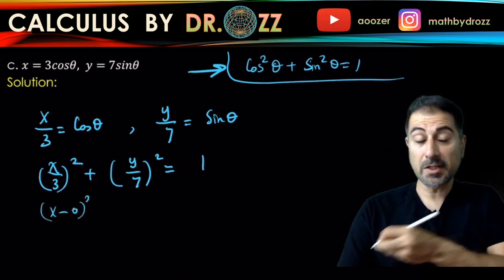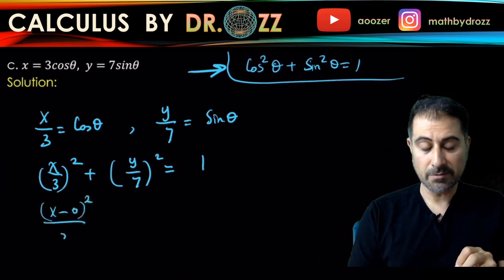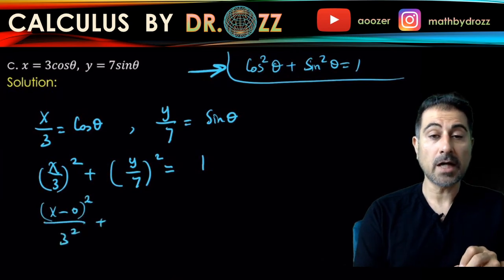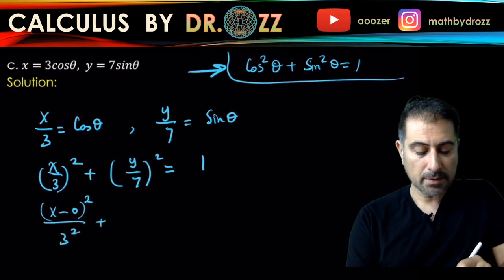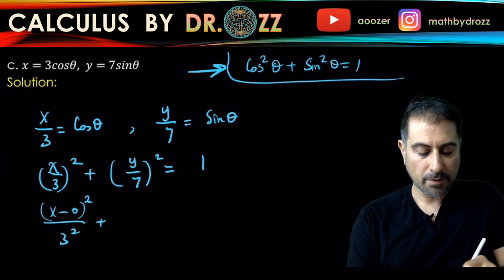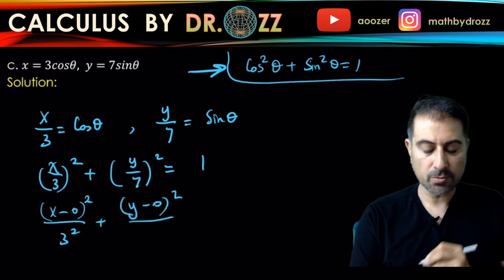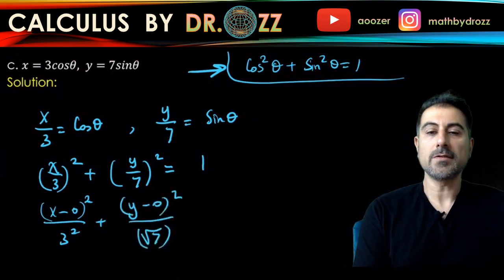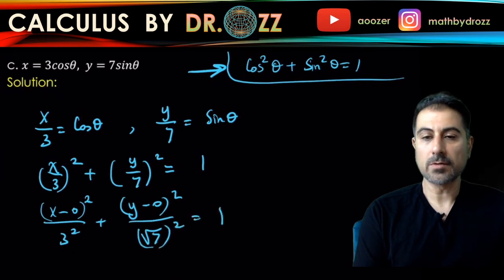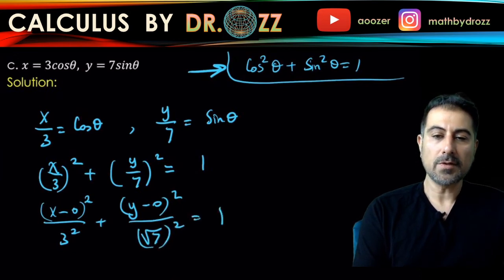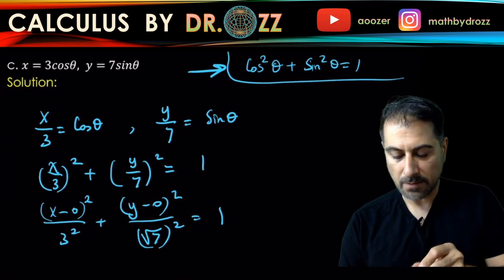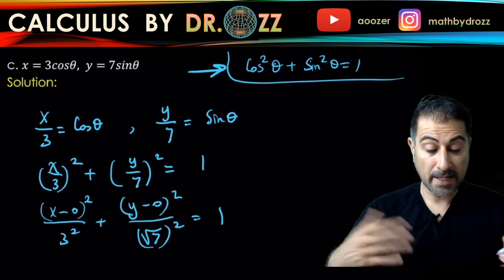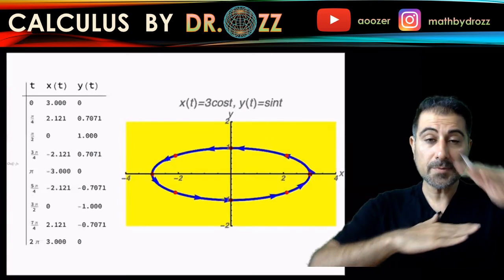This is what we covered in the previous section when we were talking about conic sections: x minus 0 squared over 3 squared plus y minus 0 squared over 7 squared equals 1. So this is an ellipse centered at 0, which is the origin, with a being 3 and b being 7. So it's almost like a flattened ellipse in this direction.